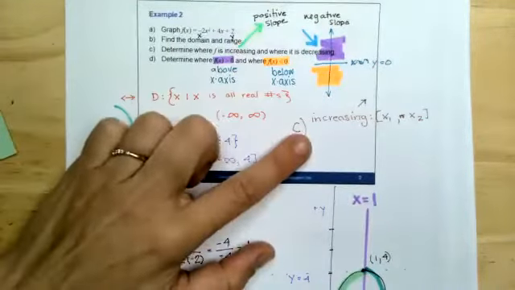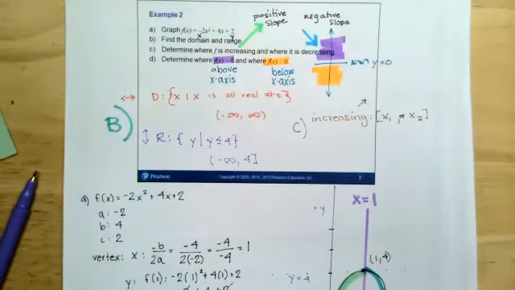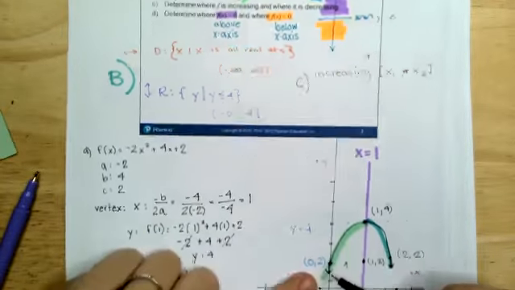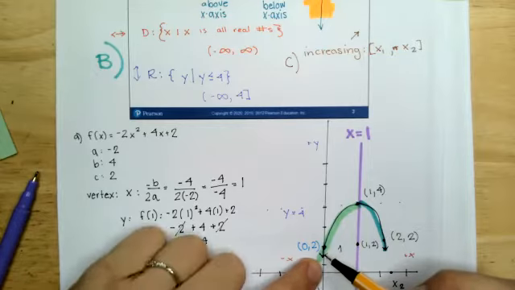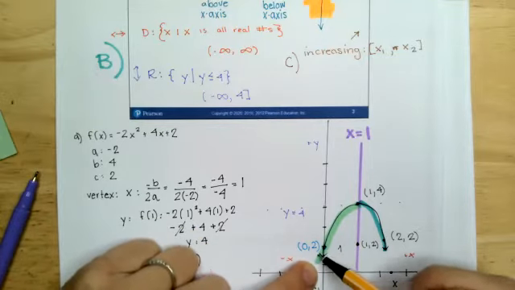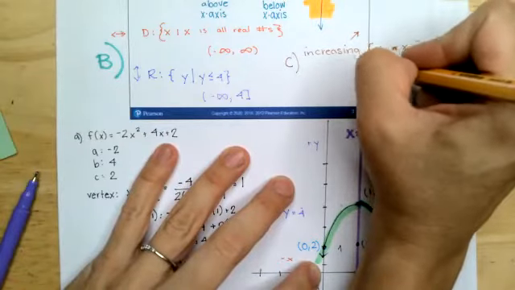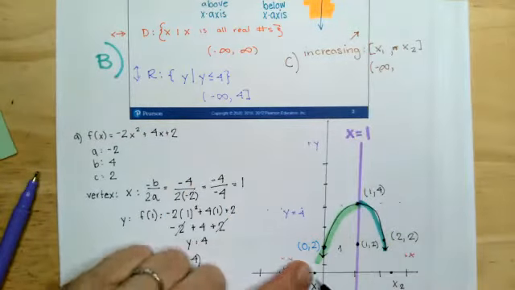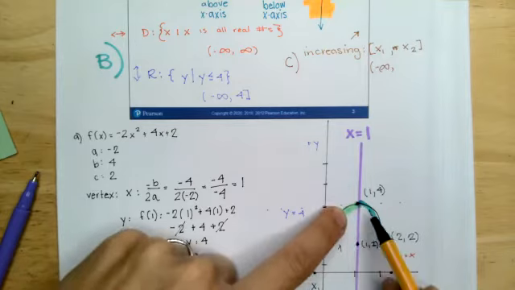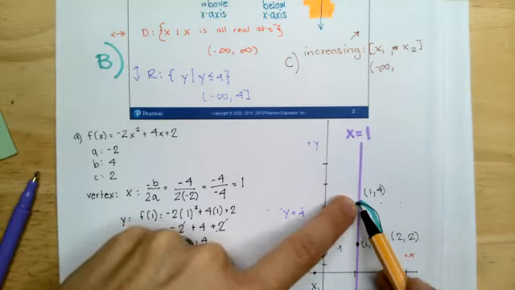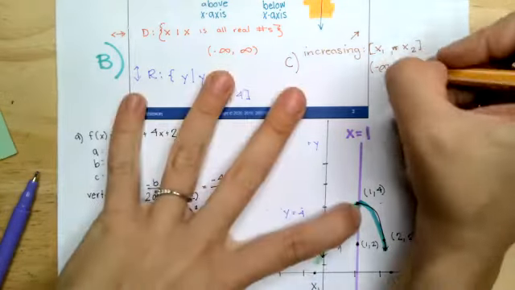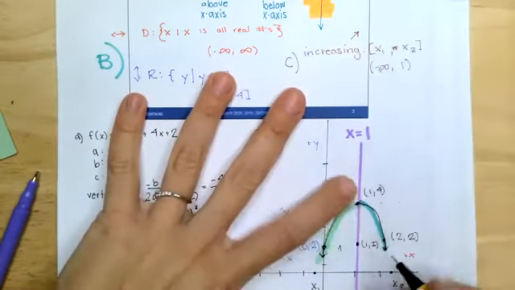So it is increasing on the interval from, if you look at this, you're going from a down arrow. That's negative infinity on our x-axis. But according to x, we stop going up, we stop increasing at x equals 1.